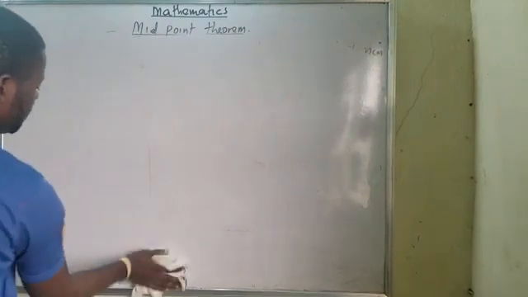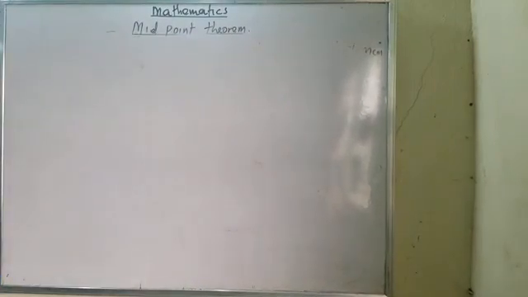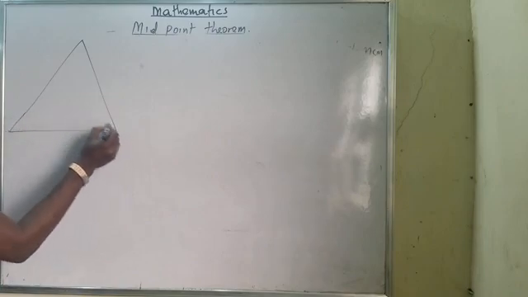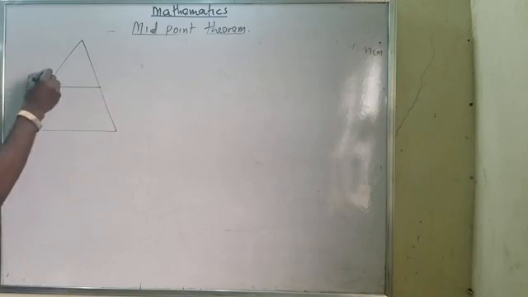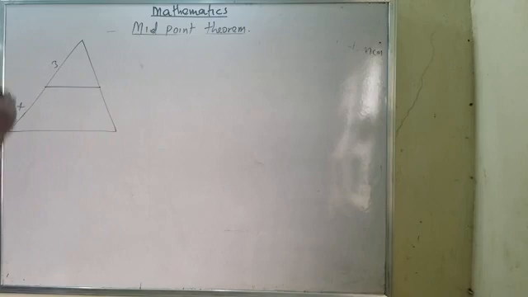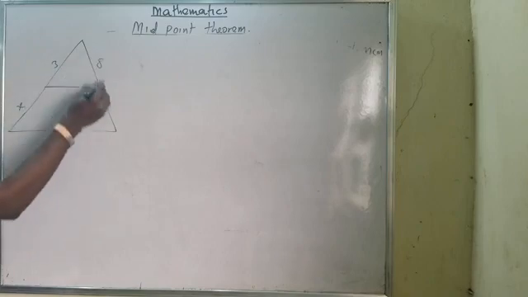Now, look at this problem. It's a very simple problem that somebody can ask you. You have something like this, and something like this, and you are asked to cut it into 2. I have 3, I have x, and I have 8, and I have 2.